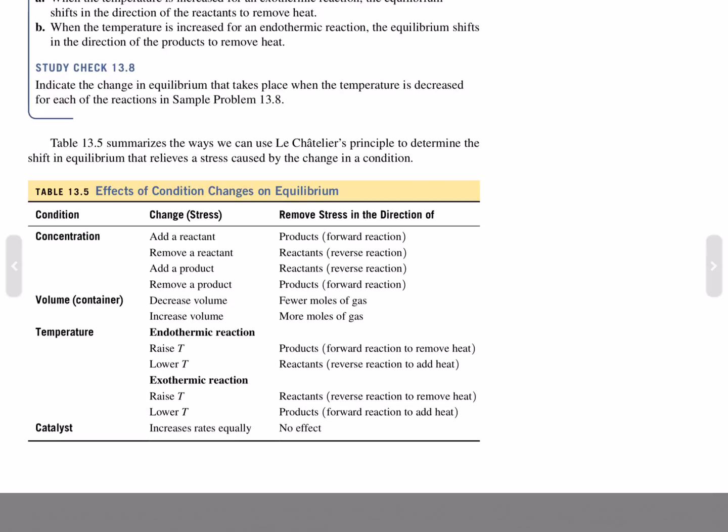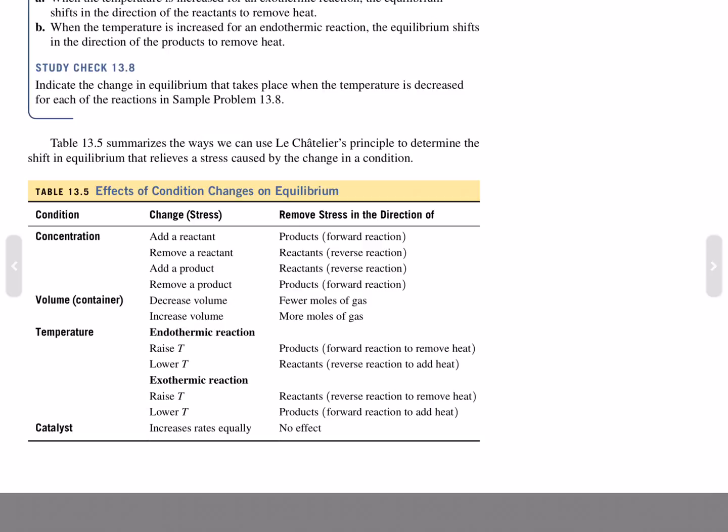If the volume decreases and the concentration increases, it shifts towards the fewer moles of gas. If the volume increases, which decreases the concentration, it shifts towards the more moles of gas. If the temperature of an endothermic reaction raises, it shifts towards the products. If the temperature of an endothermic reaction lowers, it shifts towards the reactants.